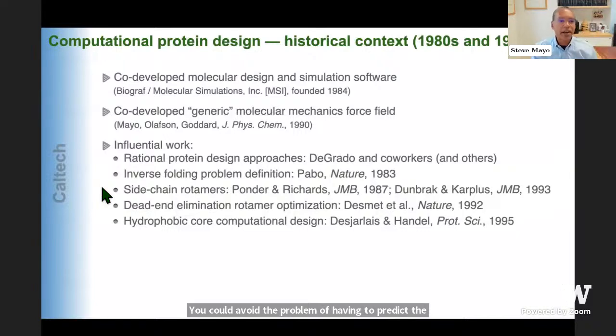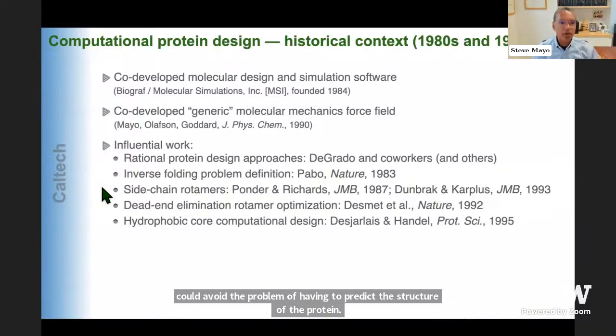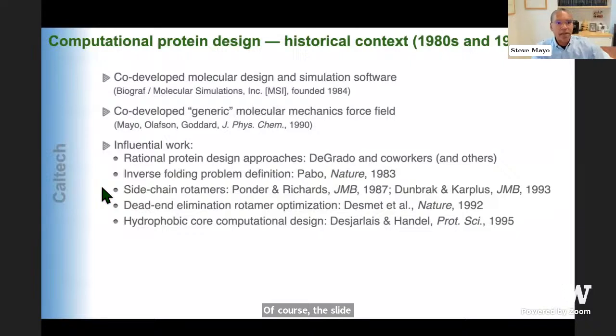Of course, the side chain rotamers, as developed by Ponder and Richards, and then further by Dunbrack and Karplus, were very influential, as was the computational method, dead-end elimination, developed by Johan Desmet et al.